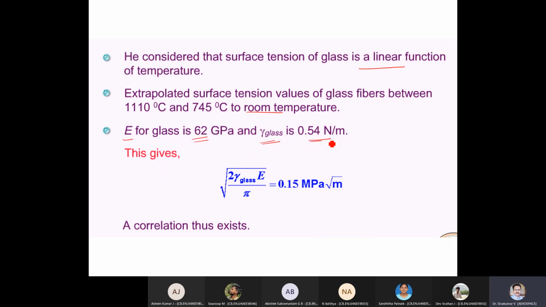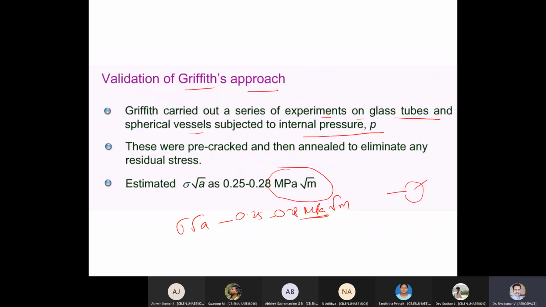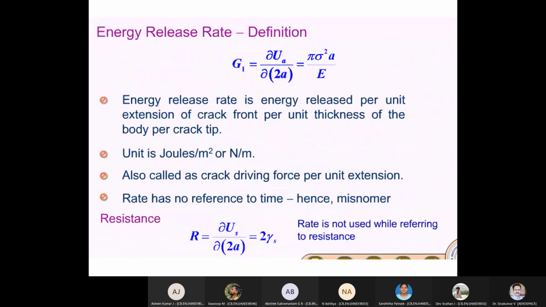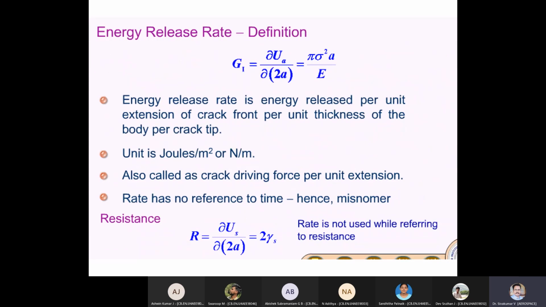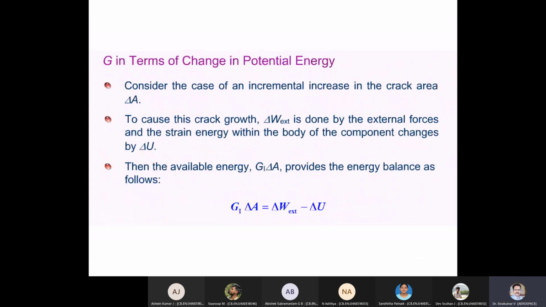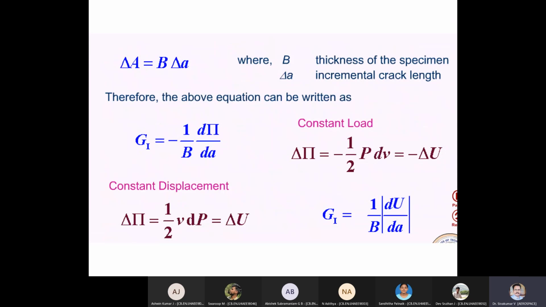This means we have the formula, isn't it? 2γ_glass by E, which is 0.1 phi MPa root meter. So this is some study made by Griffith on the brittle material.